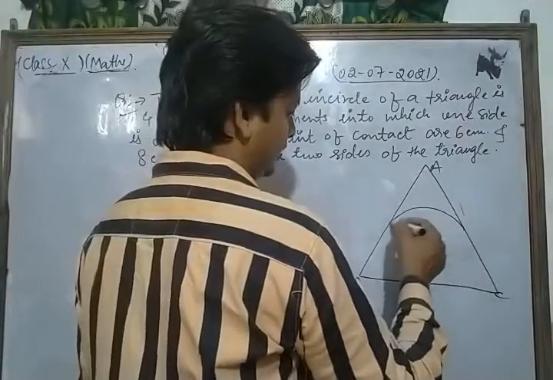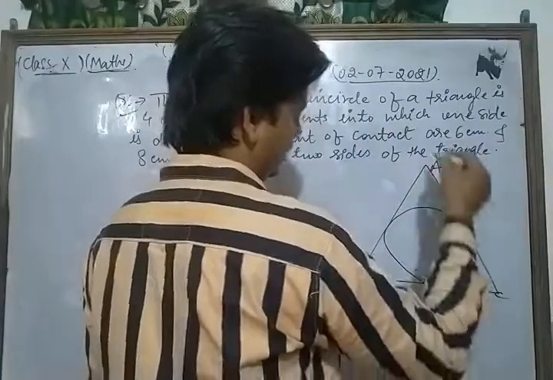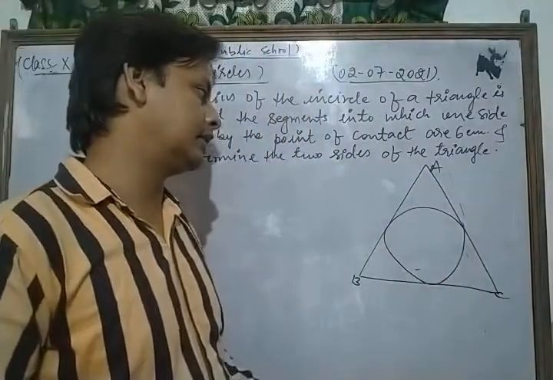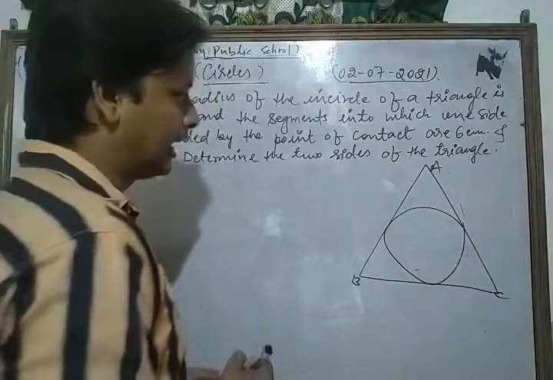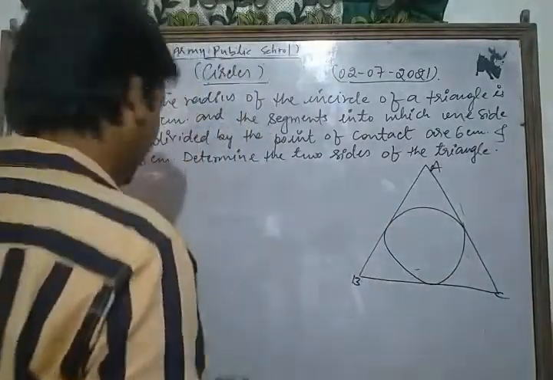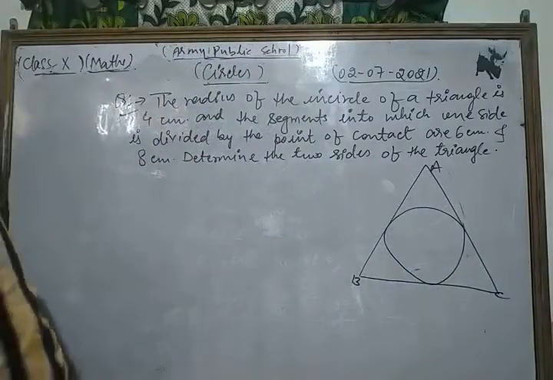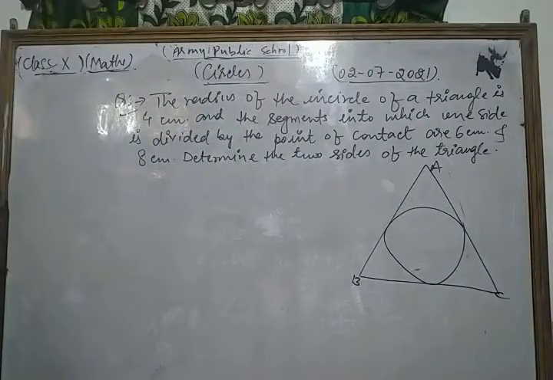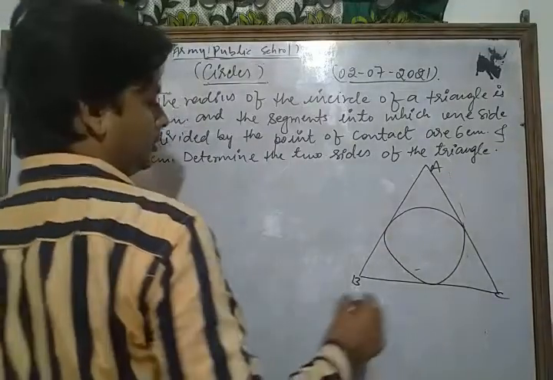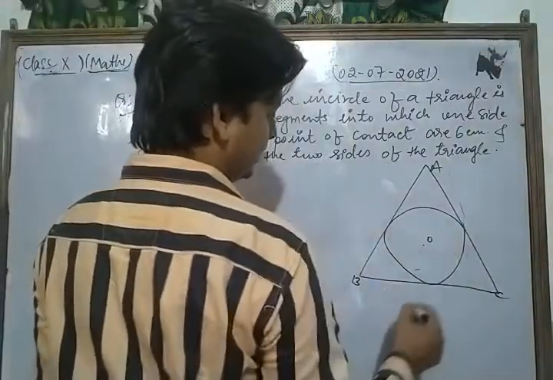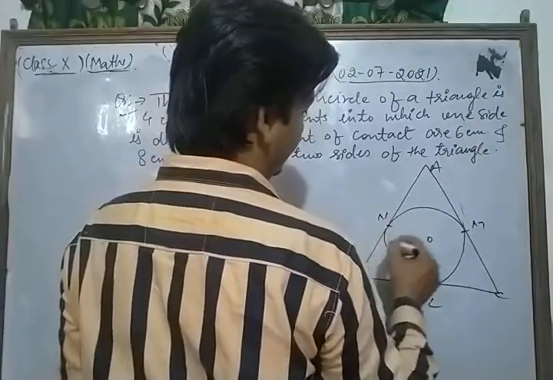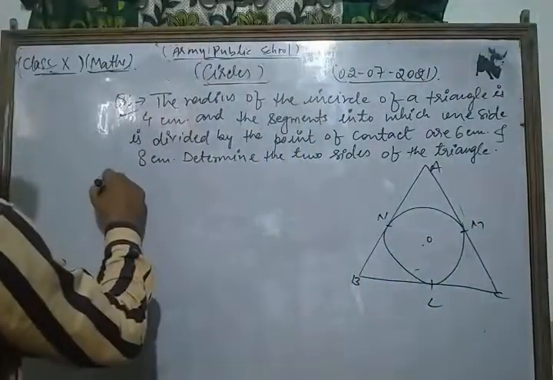Let the circle touch the sides AB, BC and AC respectively. Let O be the center. We take the points of contact as L, M and N. Now let's see its solution.